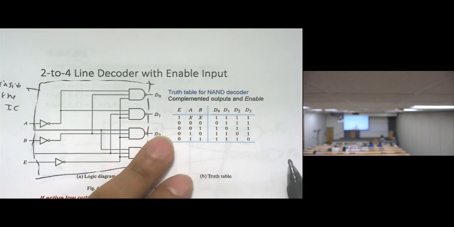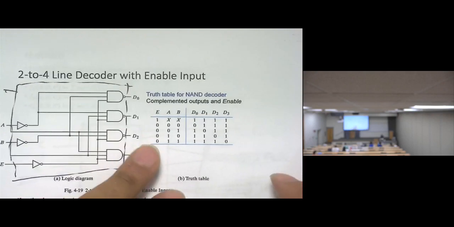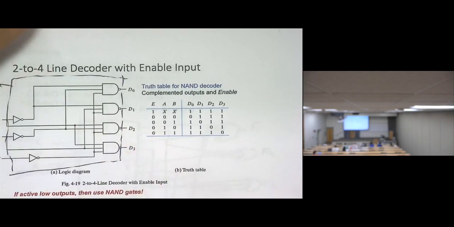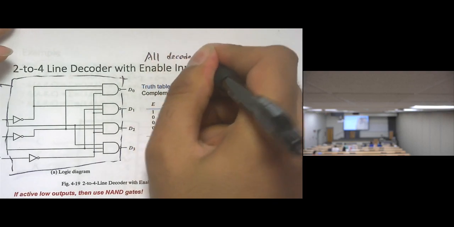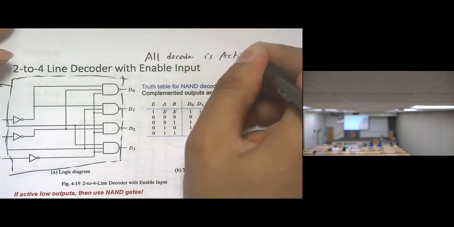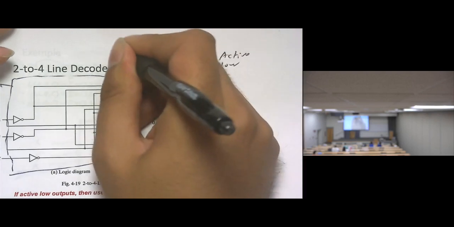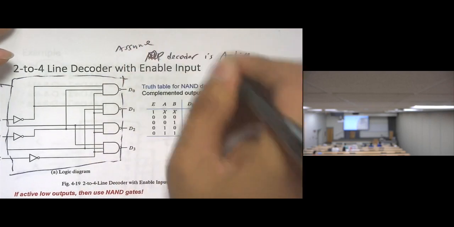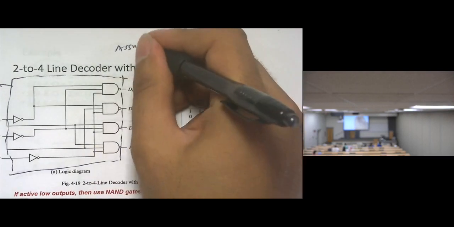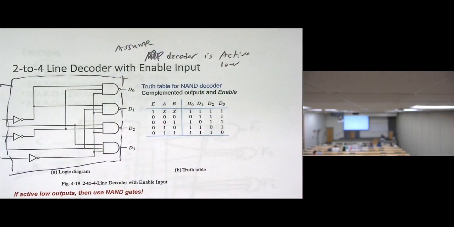By looking at this table, assume the decoder is active low, not only the enable, which means we make the opposite, 0, 1, 1, 0.